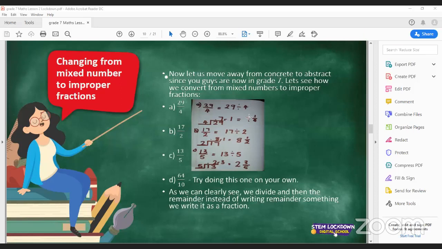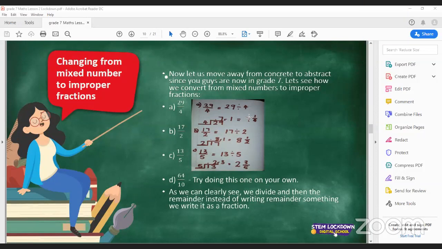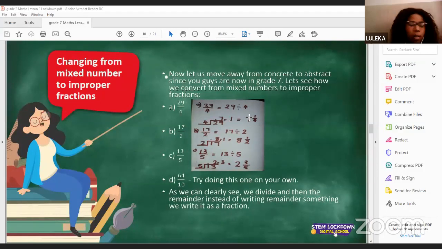So meaning that if we were doing it in a diagram, we will have 7 circles all cut into 4 pieces, and then the last one will be cut into 4 pieces, with only 1 shaded. Let me say it again.